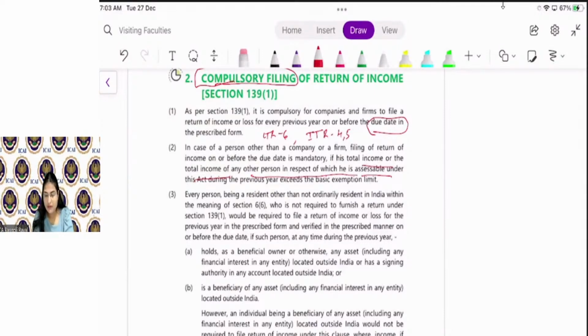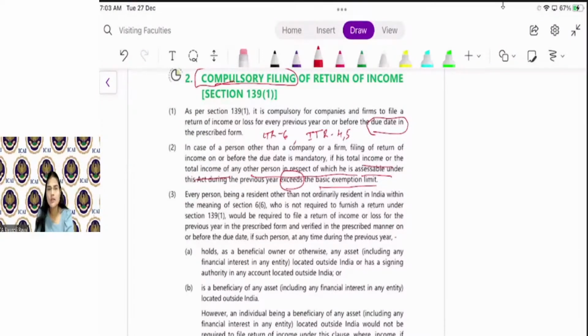You have learned that someone's income you are required to pay tax on under clubbing, that is section 60 to 64.